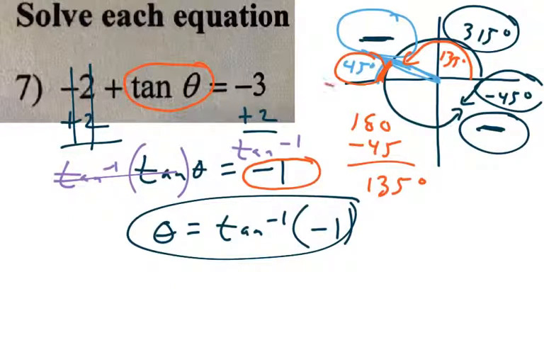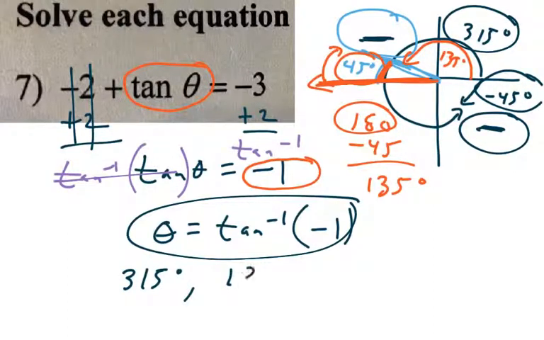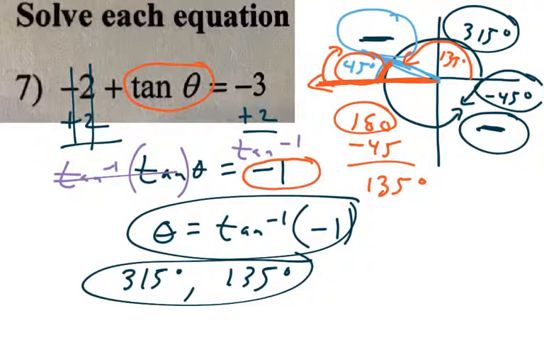Basically, we know straight across to the left is 180. So once I go backwards and subtract 45, I get 135. So our answer is going to be 315 degrees and 135 degrees.